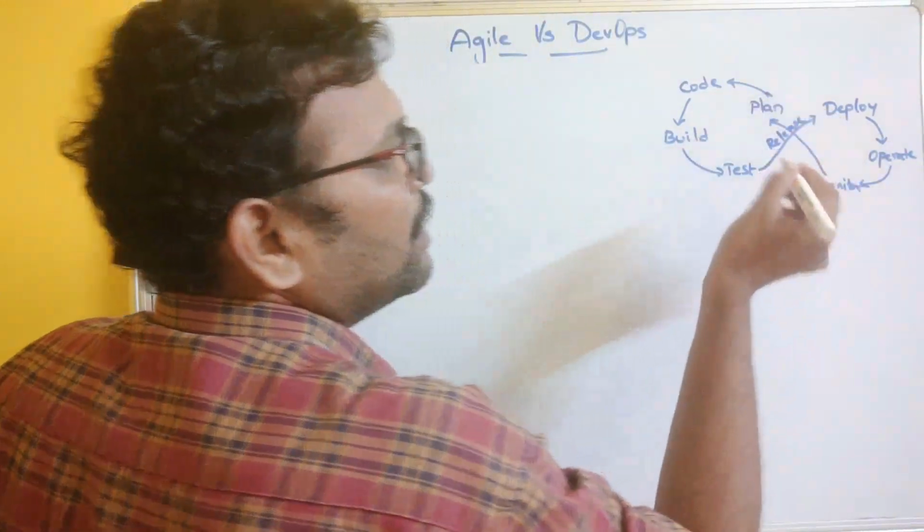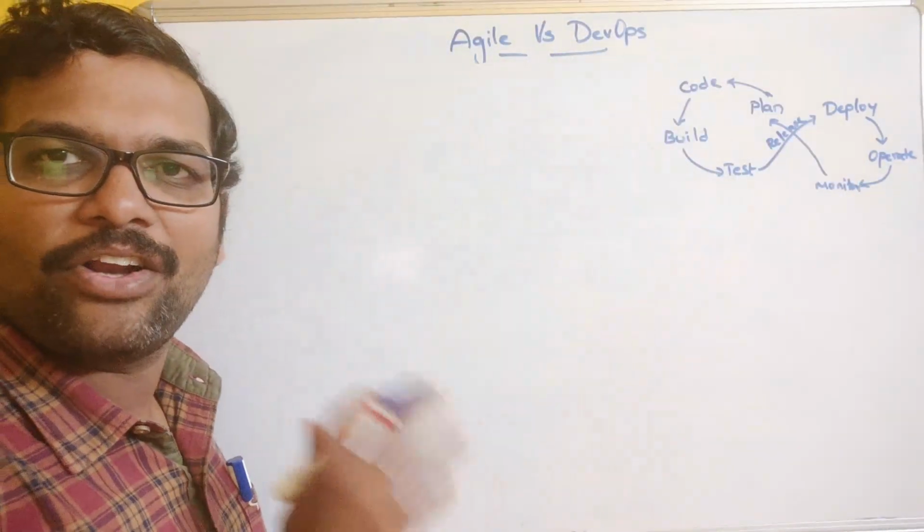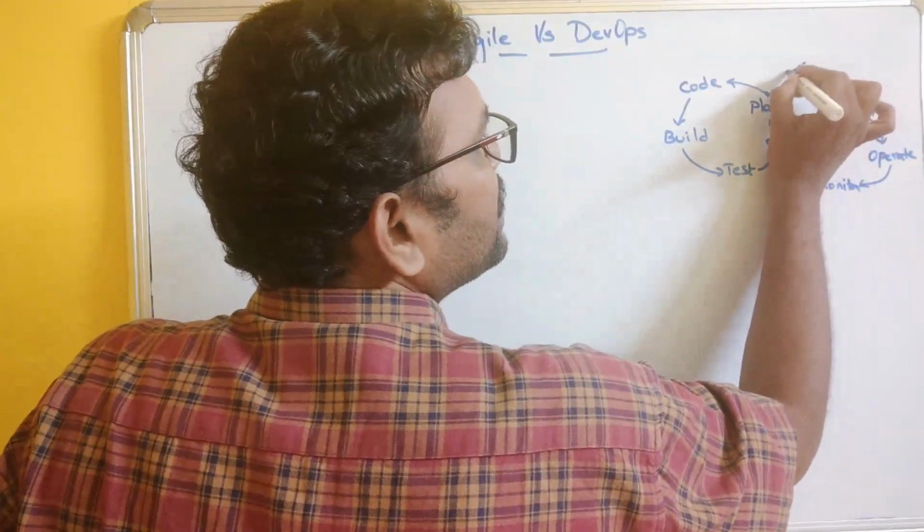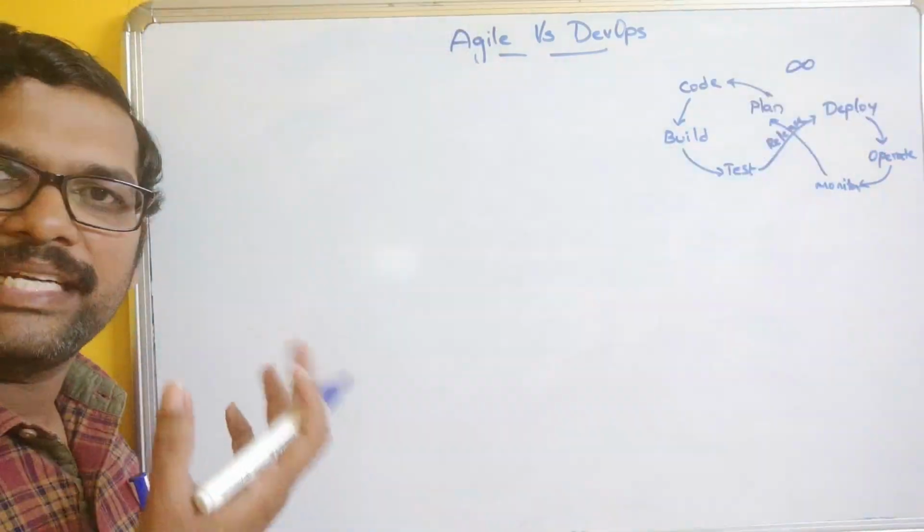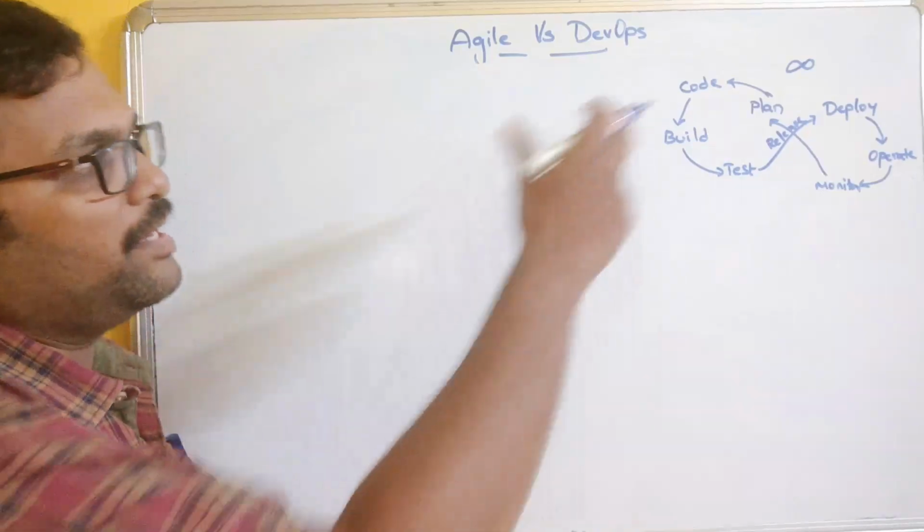Right? So this is a process. This is the representation of DevOps. We usually call it an infinity symbol, which shows the continuous improvement in DevOps.